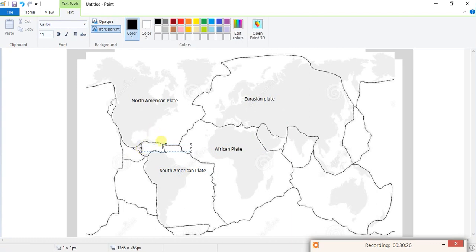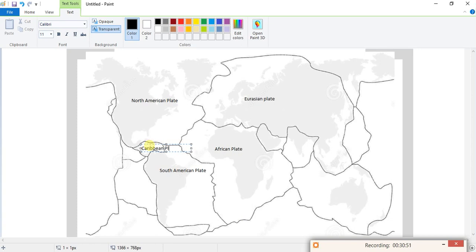This is the, oh, I don't know how to spell it, Caribbean. Okay, I'm going to cheat and look down below. Apparently there's only one R. Caribbean plate. Maybe I'll just leave off plate because there's no room for that.